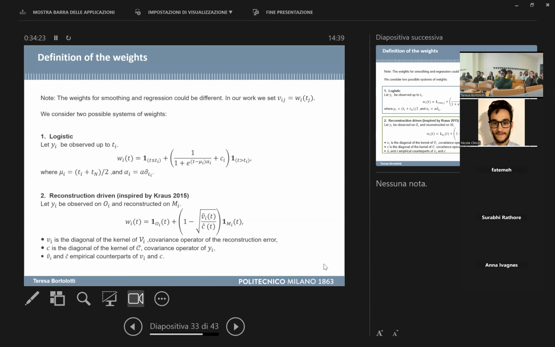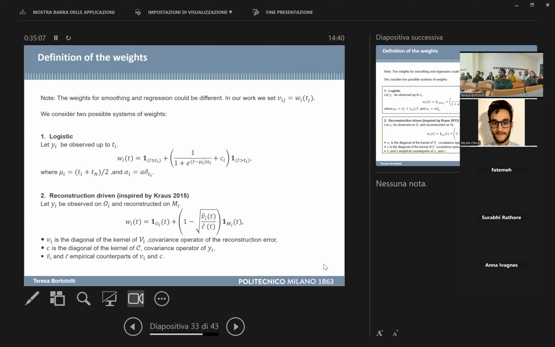Okay. This is naive. It works only for our problem at hand and, in general, problems with curves that are right-censored. If you wanted to have a system of weights that works in a more general setting where the missings can occur anywhere, you may rely on these reconstruction-driven weights. So you assume that y_i is observed only on its observed domain O_i and missing on M_i. The weight takes value 1 in the observed domain and takes this value in the missing domain.